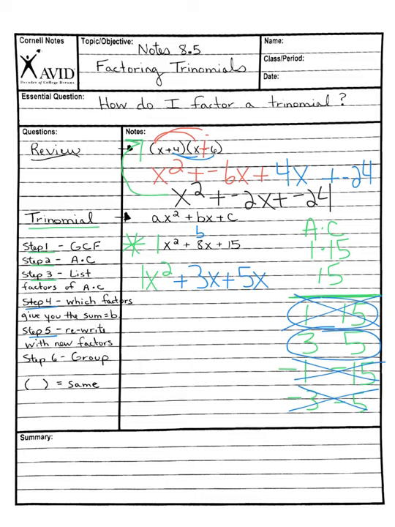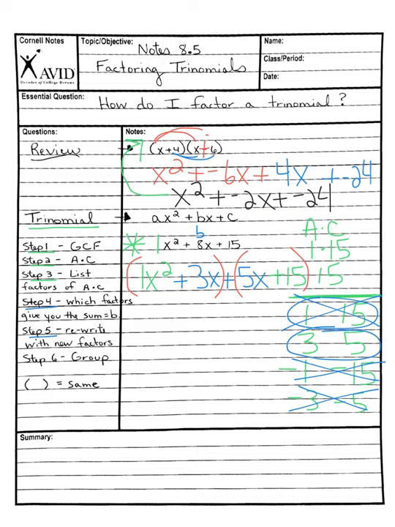Remember, we are going backwards. And once we rewrite that, same problem, haven't done anything different, we're going to go through something called the grouping method. And so we are always just going to group the first two terms and the last two terms. And I can tell you, it didn't matter where I put the 3x or the 5x.